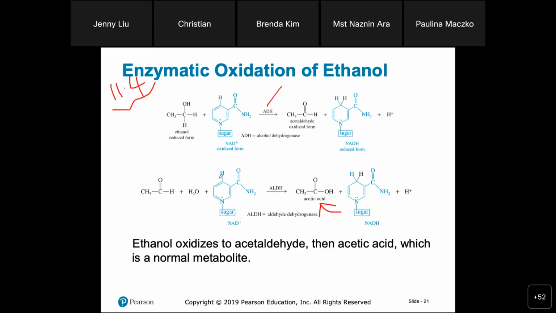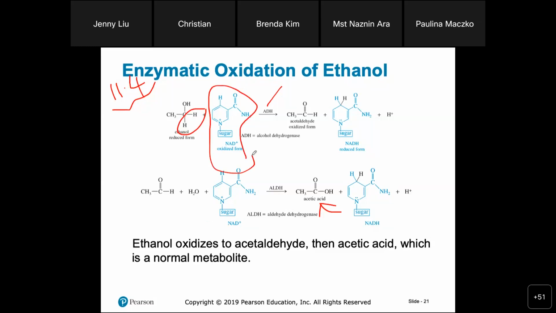Alcohol dehydrogenase catalyzes this oxidation reaction, the removal of two hydrogen atoms from the alcohol molecule. And who does that? NAD, nicotinamide adenine dinucleotide.